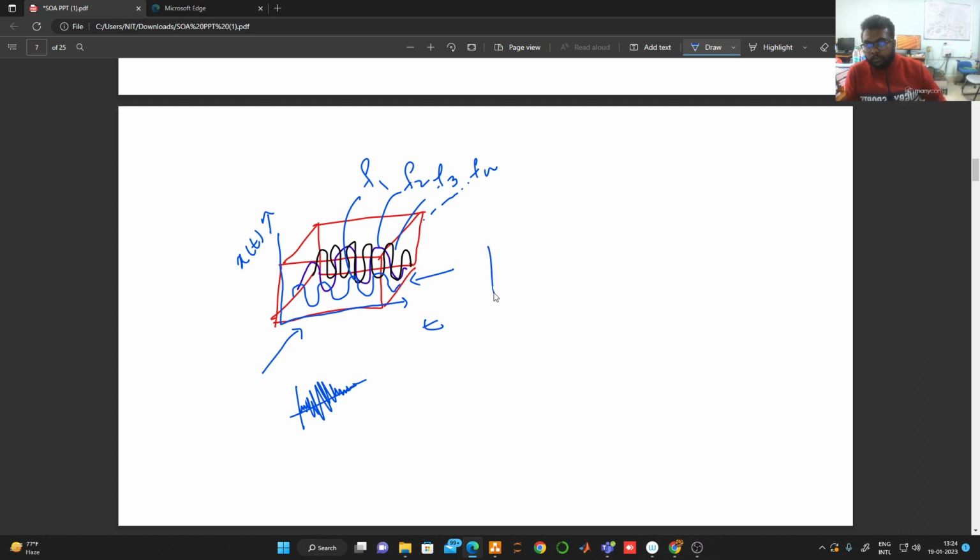Now Fourier transformation gives you a better visualization, and this z axis is say omega, the frequency, and you get f1, f2, and f3, and then it will be the intensity of the sound. So it is a kind of amplitude versus frequency.